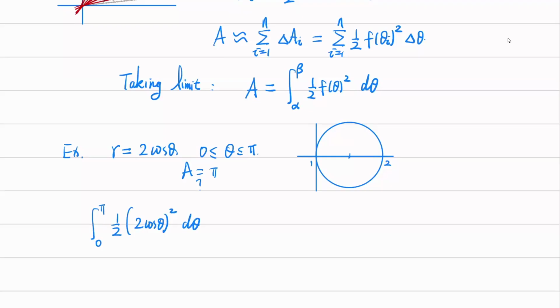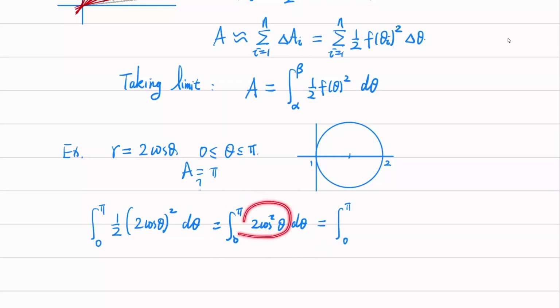Okay, we integrate this, 0 to pi, of (2 cosine theta) squared. Sophia, how do we integrate this one? You can take the 2 and put it on the outside. Let's try the double angle formula.